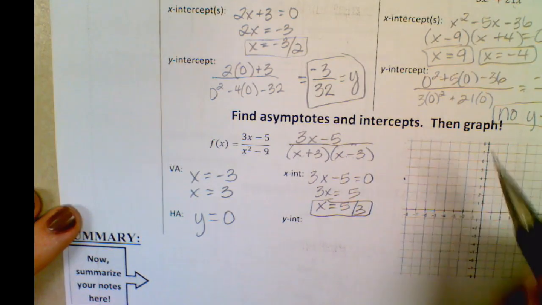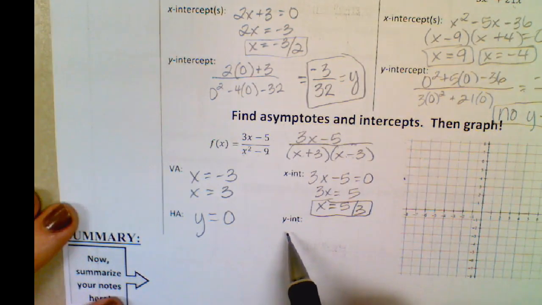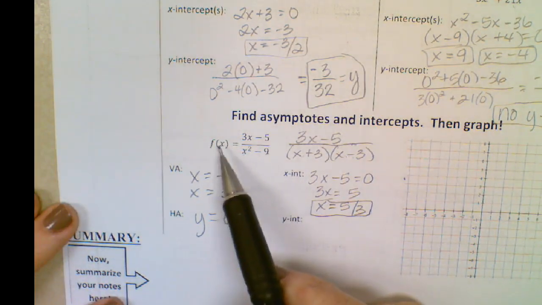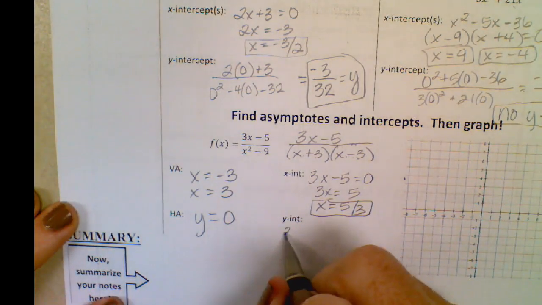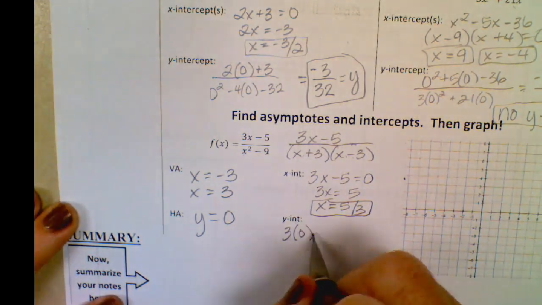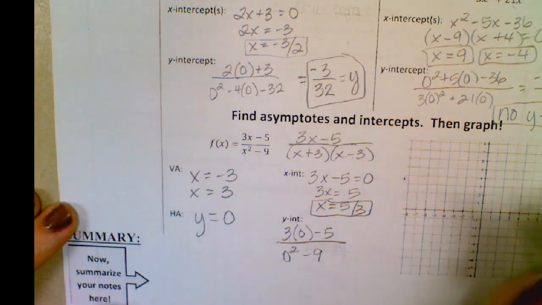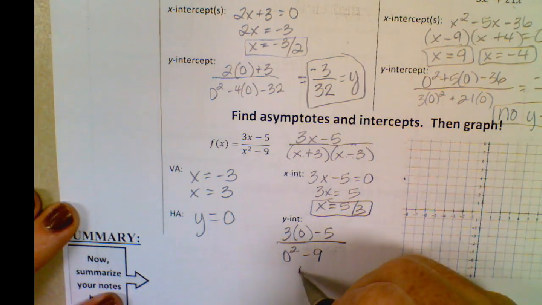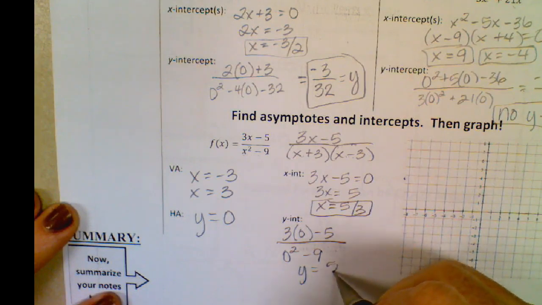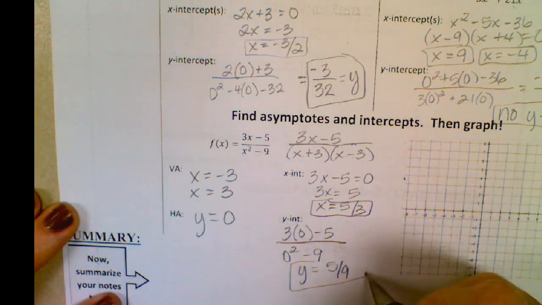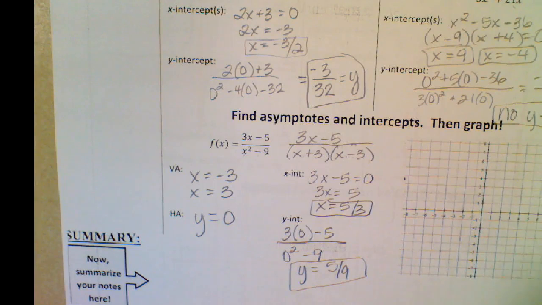And then my y-intercept is going to be wherever x equals 0 when I plug in. So 3 times 0 minus 5, over 0 squared minus 9. That gives me a y-intercept of 5/9. So let's put all that together, shall we?